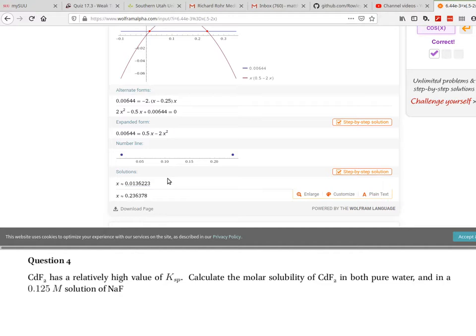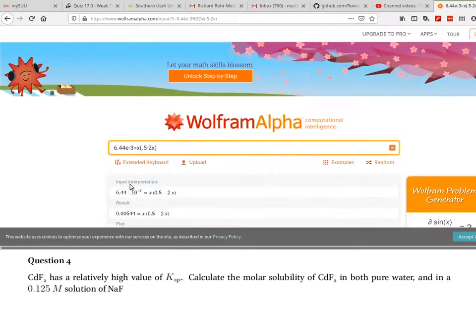Is there anything wrong with that? Well, anyway, the solution that I was interested in was the 0.0136. You'll notice it's about half of the value of x that we had calculated. That's going to be our valid answer here.